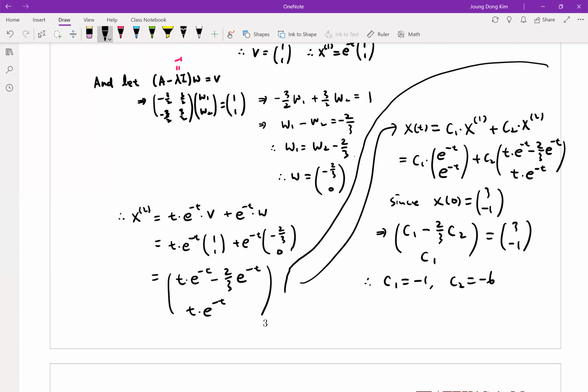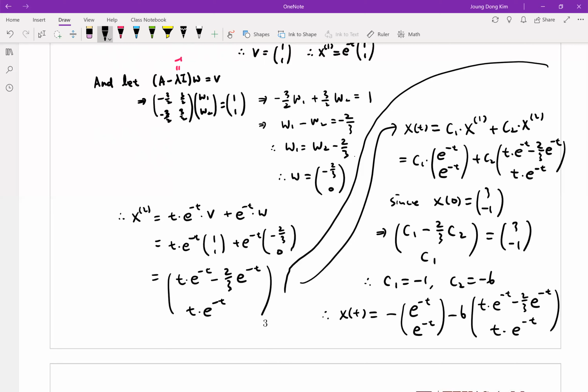And since c1 is negative 1, your c2 must be determined from the first component, and it must be negative 6. So my conclusion is x(t) equals negative e to the minus t plus minus 6 t e to the minus t. That's it.